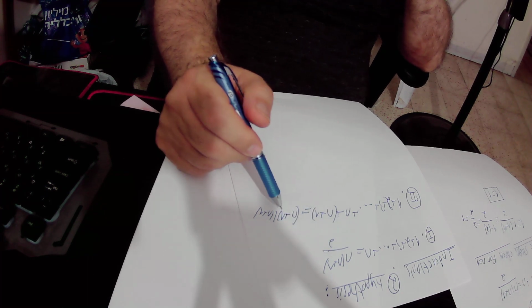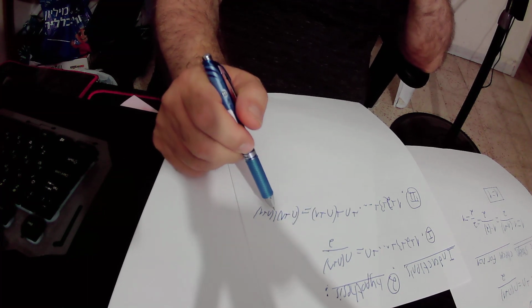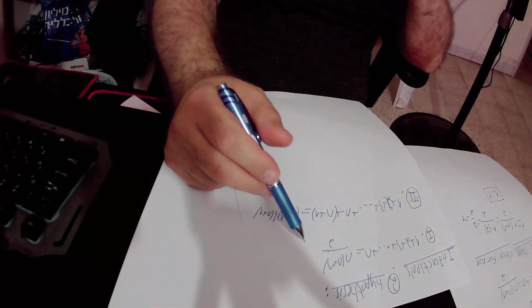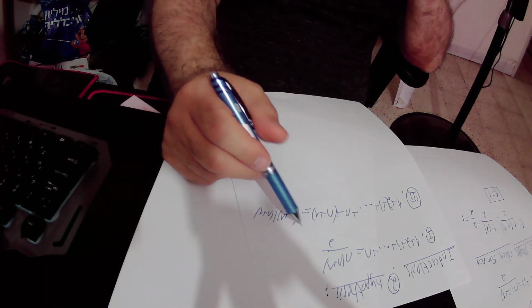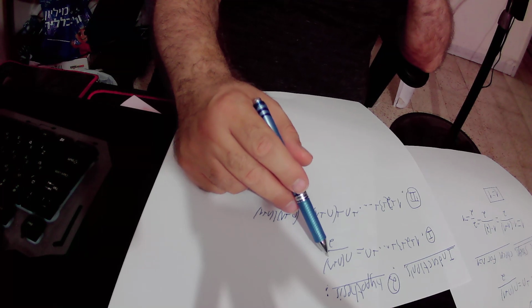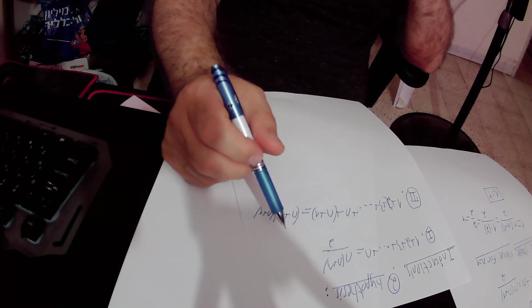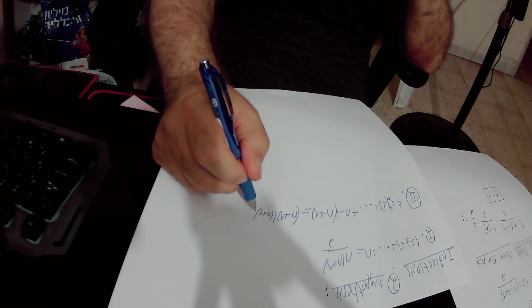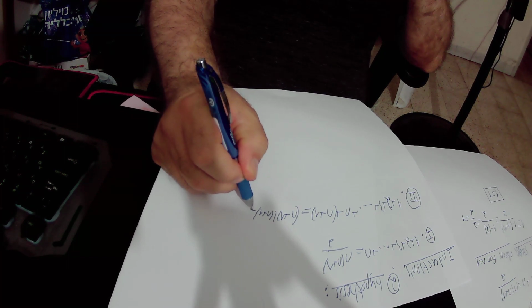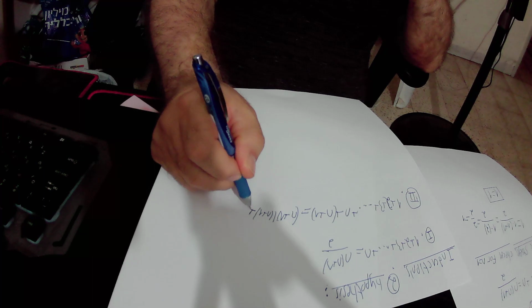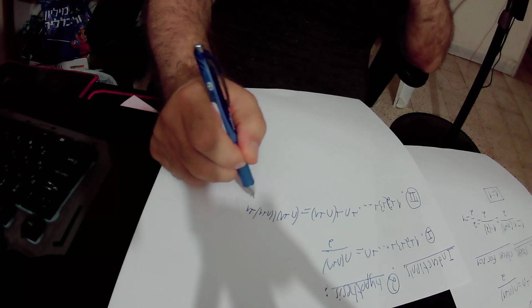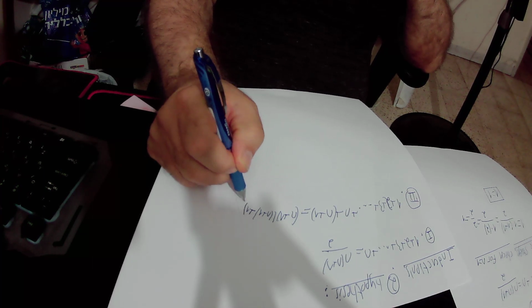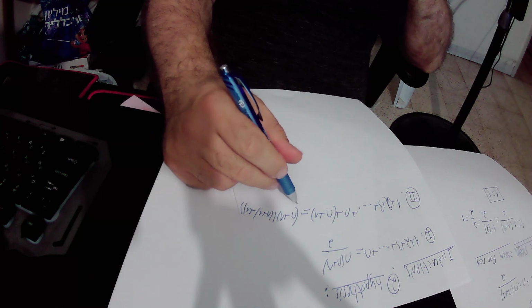So here we have n plus 1 plus 1, because instead of n we wrote n plus 1, and in the original statement it is plus 1, so we must add 1 also in the expression for n plus 1, so it will be n plus 1 plus 1. Okay, and all divided by 2.